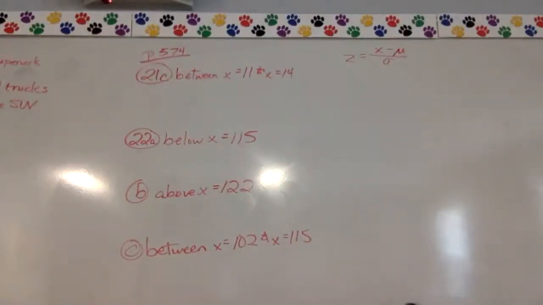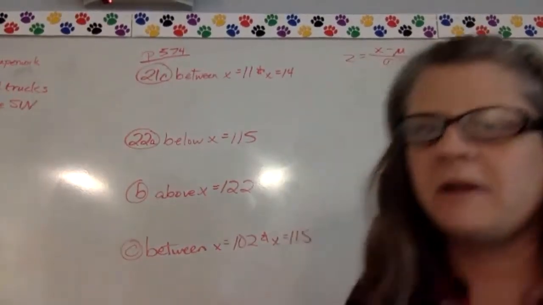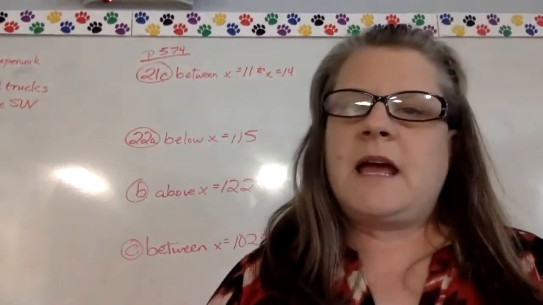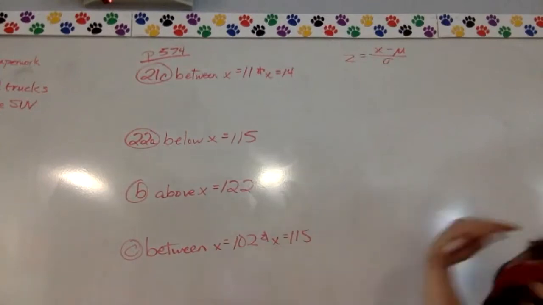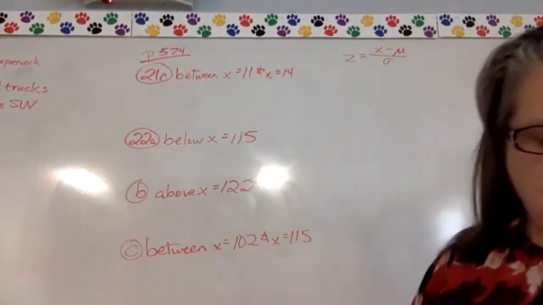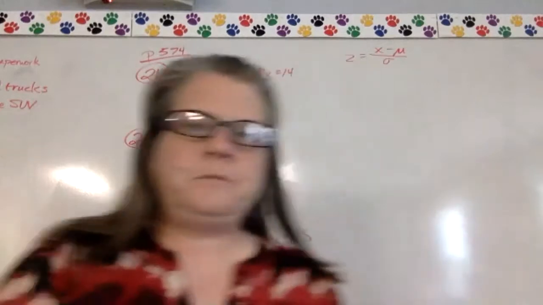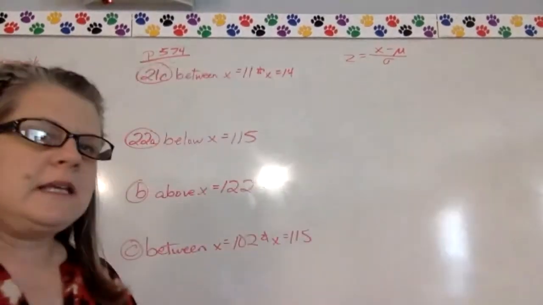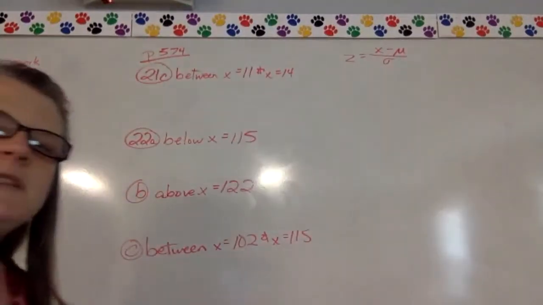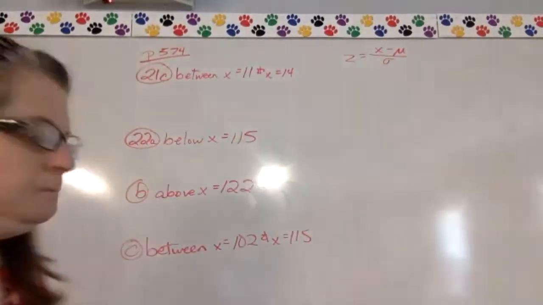I want to make sure I didn't get them backwards. So it's x minus the mu, the average, divided by the standard deviation. That's the formula we keep using in these. Looking at number 21, part C, on page 574, this is where we left off on Friday.